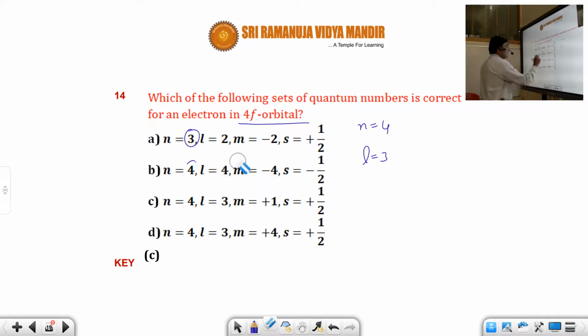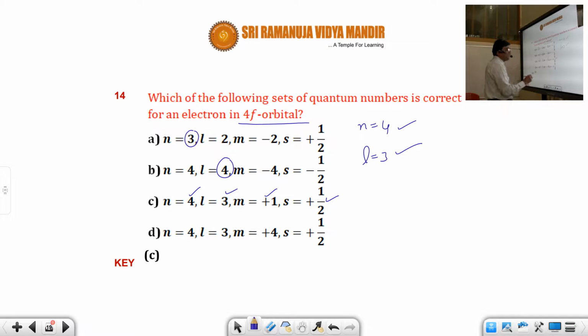We'll mark with another color where the problem is. I mark with blue color: this is the problem here. Now let us see the next one. n is equal to 4, l is equal to 3, so no problem. Option B, no problem. The m value plus 1, the s value, no problem.